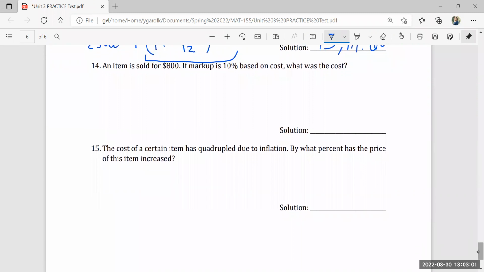Okay. An item is sold for $800. If markup is 10% based on cost, what was the cost? Just as a note, this is a bonus on the test. You get a reward for actually watching the video. So if an item is sold for $800 and markup is 10% based on cost, what was the cost? Well, we know that we sold it for $800. And we know that that would be a 10% increase from the cost.